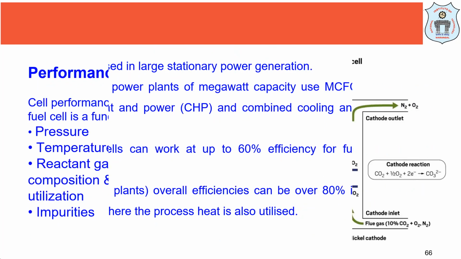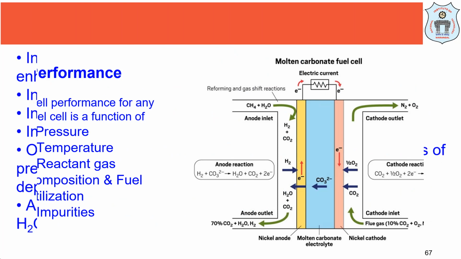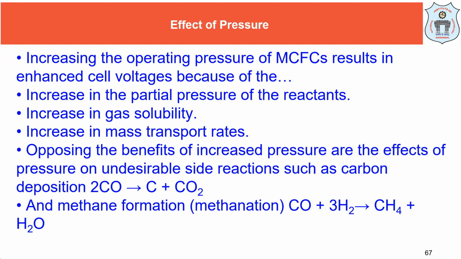Okay, so we know that any fuel cell's performance is a function of pressure, temperature, the composition of the reactant gases, how the fuel utilization is done, what type of fuel is being used, and what impurities are present in the fuel, right?